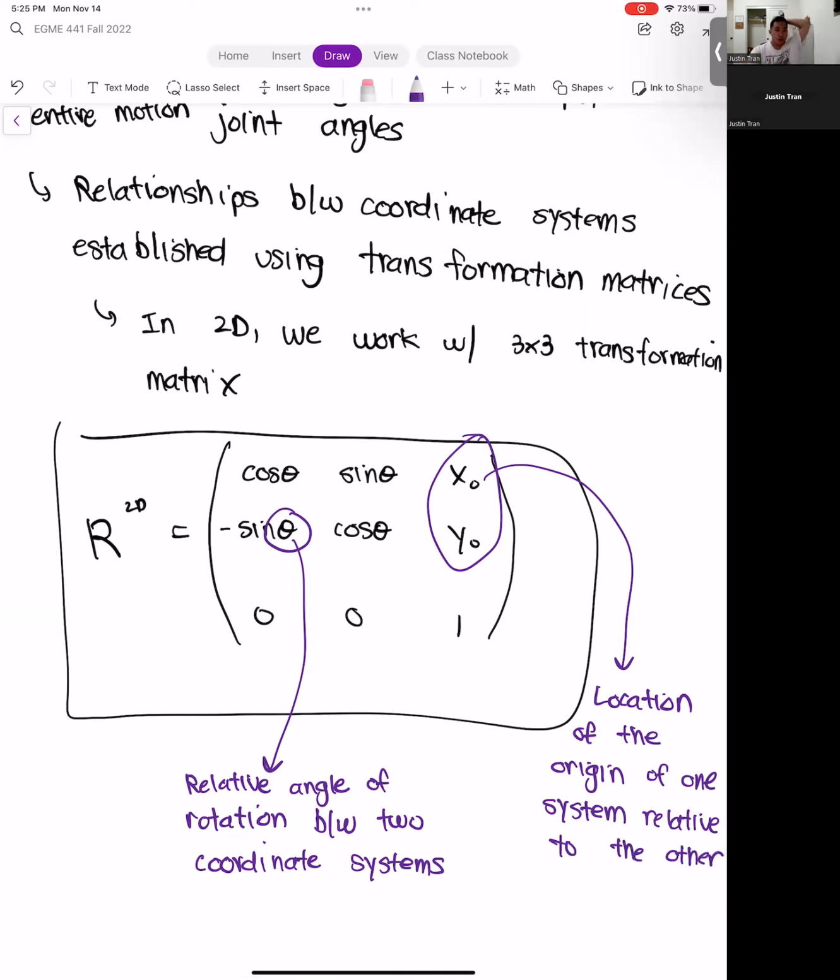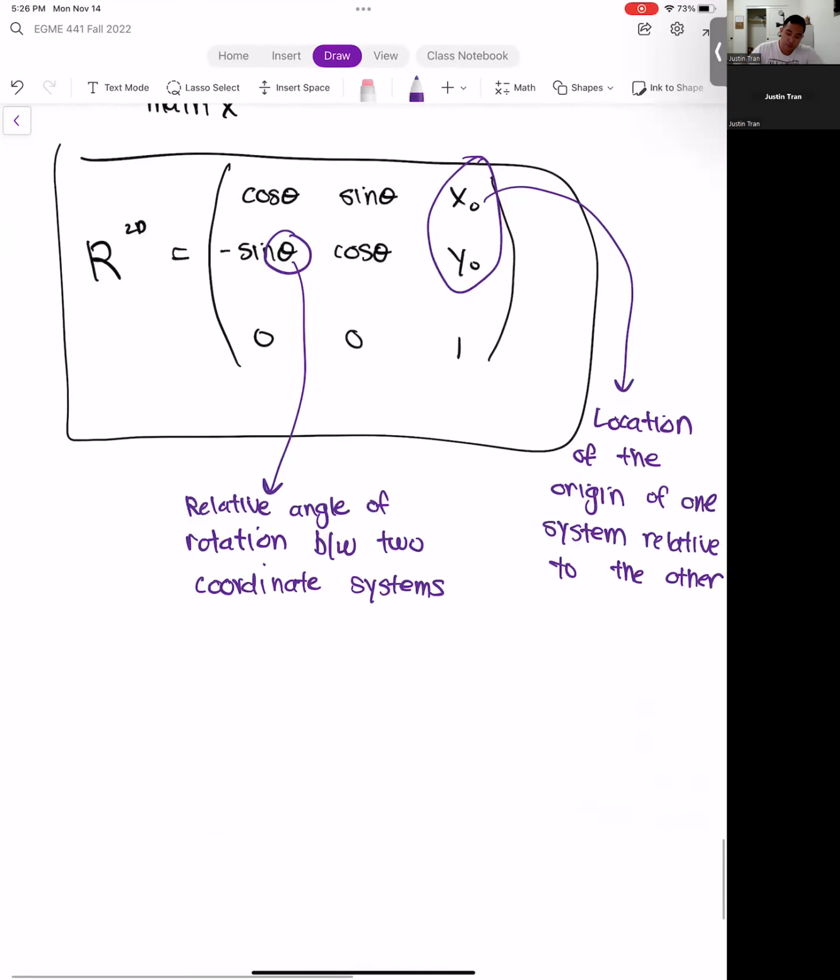All right, and so when we're building these transformation matrices, the easiest way to build them is to start with the transformation matrix between a reference system, or a lab system, transformed into one of the local systems, because that's usually easiest to do.